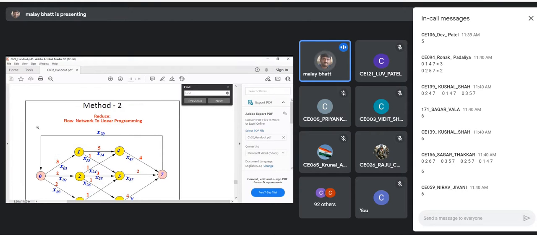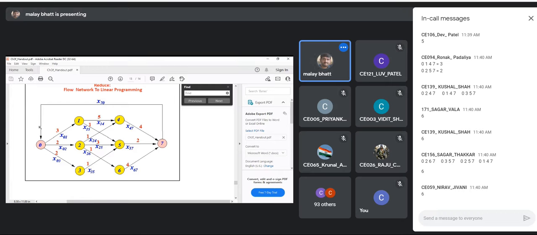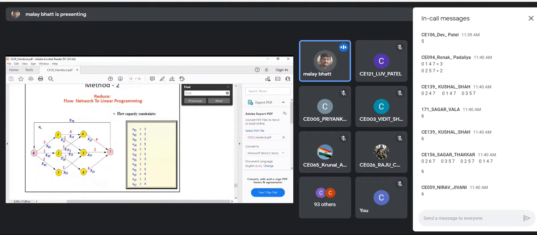All the other equations will be the same: flow constraints, capacity constraints, everything. Only one thing changes: your node 7 will be connected with node 0, and we are giving it a variable x70. Only the objective function will be different.